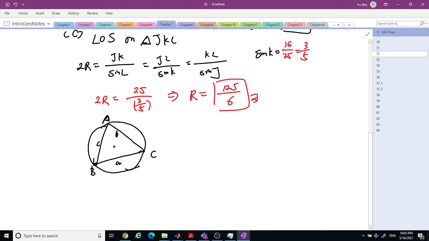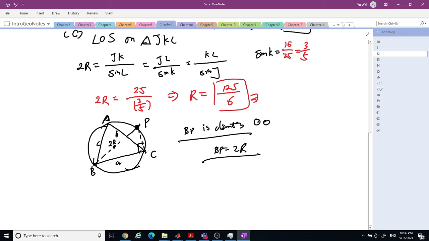So this is the circumcenter O. We can draw a line here, and let's call this point P. We know BP is a diameter of circle O, right? So now you know this angle is 90 degrees. BP equals 2R.